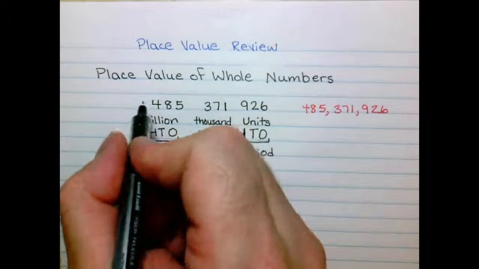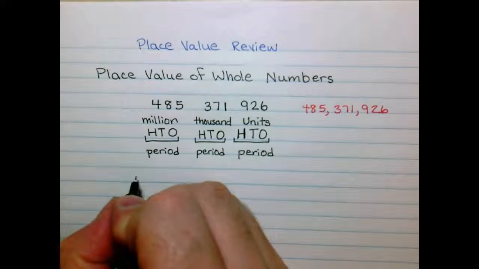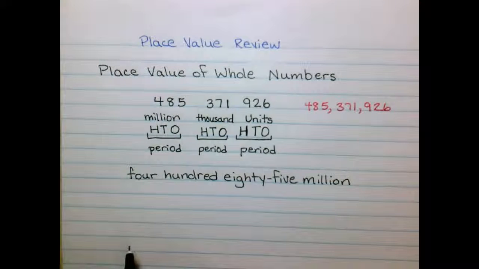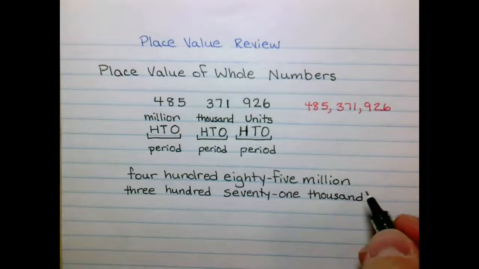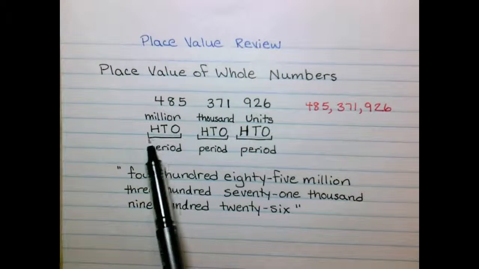So to say this number up here as one number, we would say 485,371,926. Whenever you say these numbers, you say the 3-digit number, then the period name.